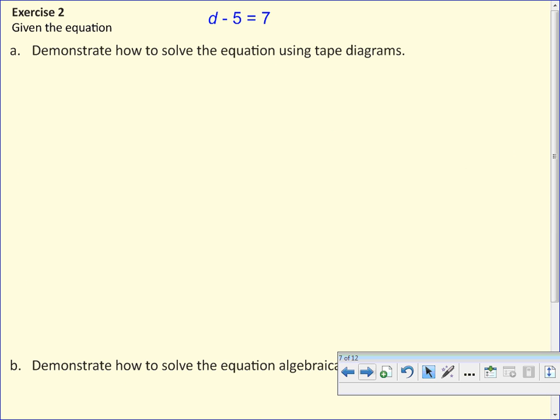Let's try with subtraction now. A lot of people are still making mistakes or being confused with how to draw their tape diagram for subtraction. What do I have? D minus 5 equals 7. What is my total amount that I'm starting with? What do I have?